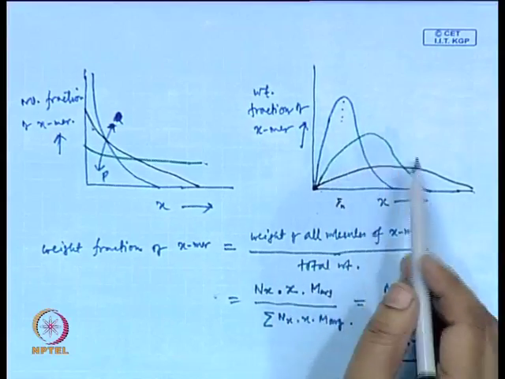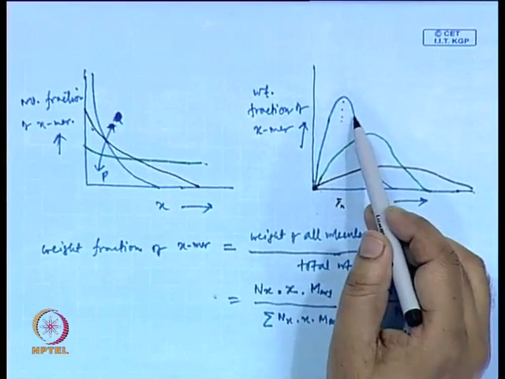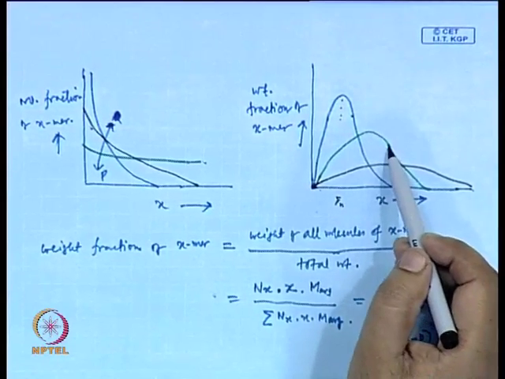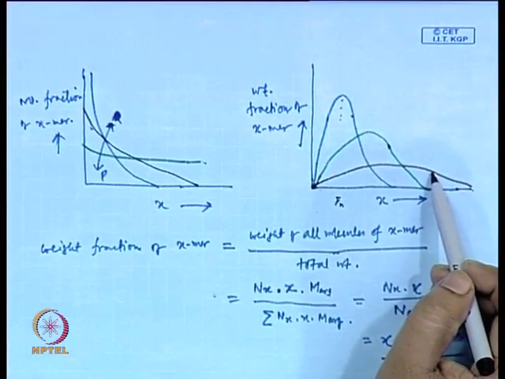This is again with increasing p. So, this is the least p, this is your intermediate p, and this is your highest p.